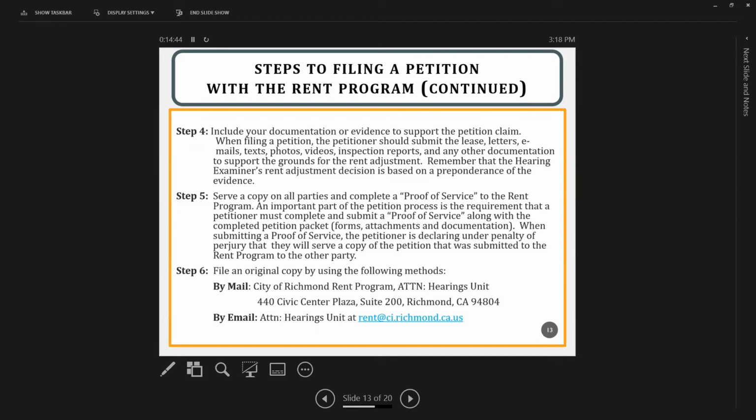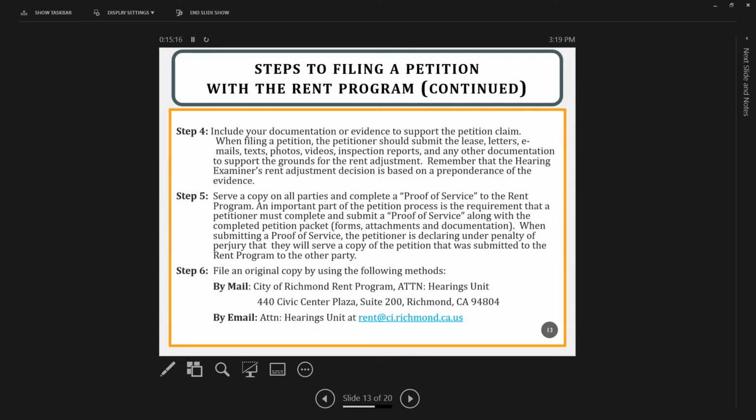An important part of the petition process is the requirement that the petitioner must complete the petition packet, which includes the forms, attachments, and documentation with a proof of service. When submitting a proof of service, the petitioner is declaring under penalty of perjury that they have served a copy of the petition to the other party and the rent program.